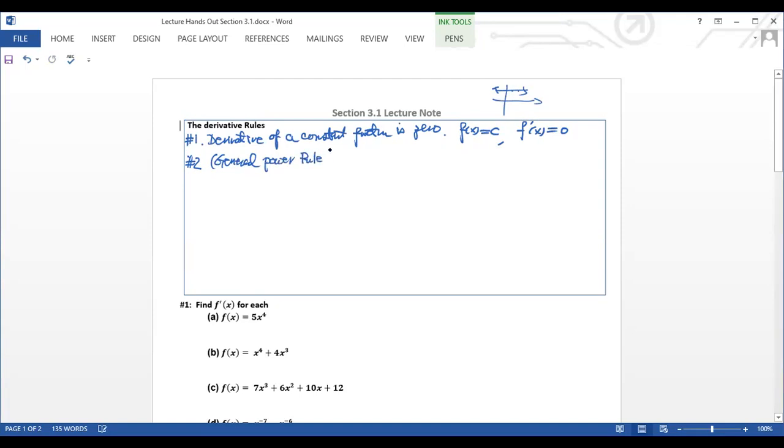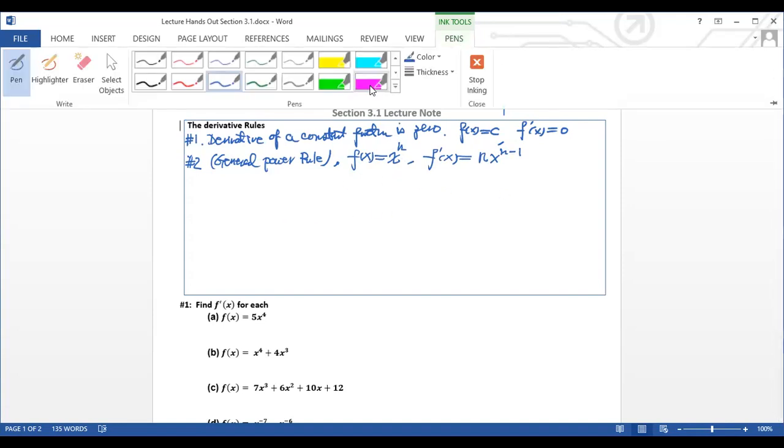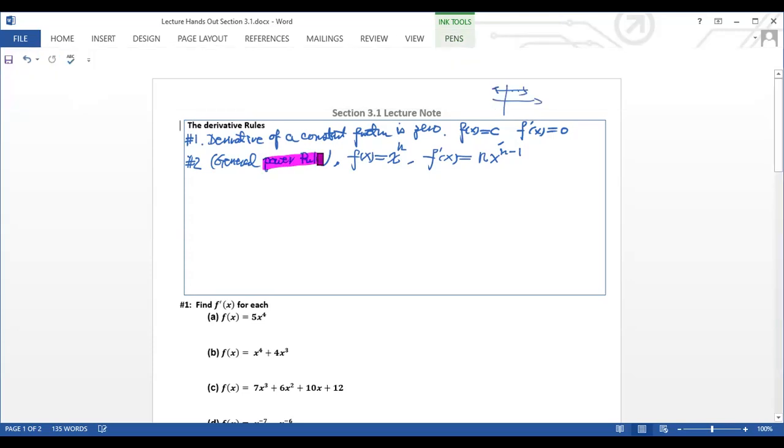What is the general power rule? It tells you that if f of x is equal to x to the nth power, where n could be any number, whole number, fraction, or negative number, then f prime of x will just be, you move the n to the front, so it will be n times x to the n minus 1. This is what we call the power rule.